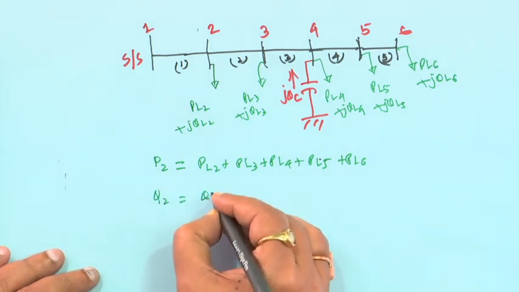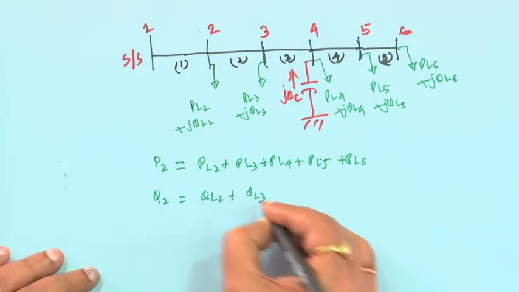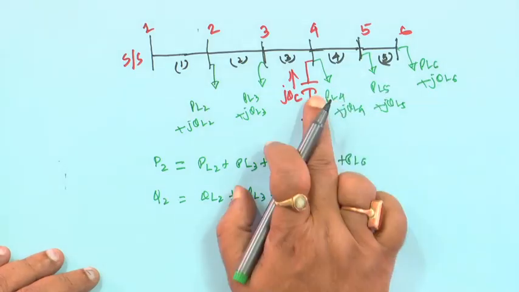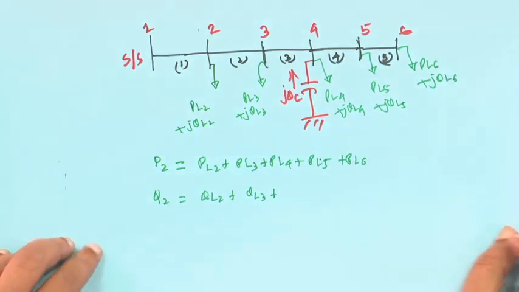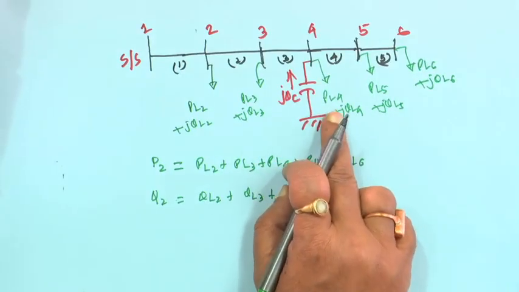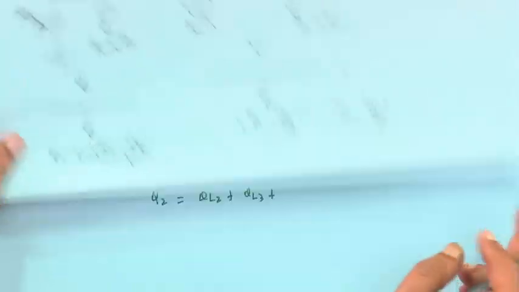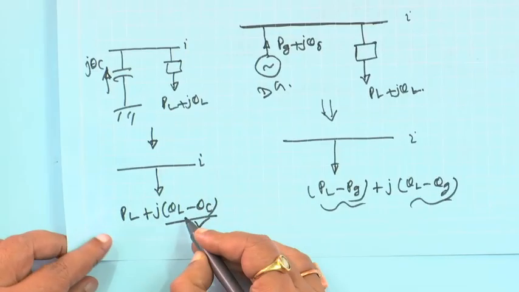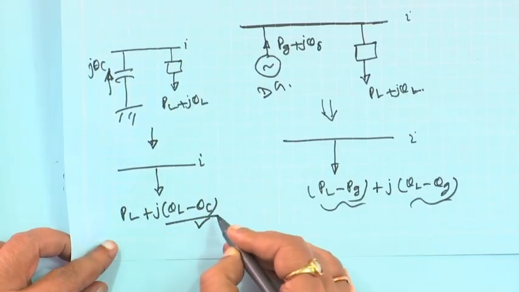Q2 will be first QL2 plus QL3, and then coming to QL4. I told you just now that everywhere QC is connected, the load becomes PL plus JQL minus QC.